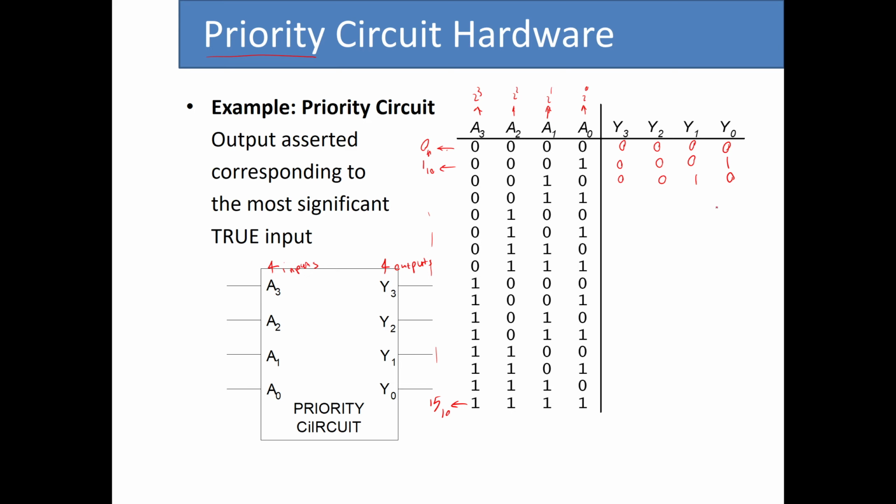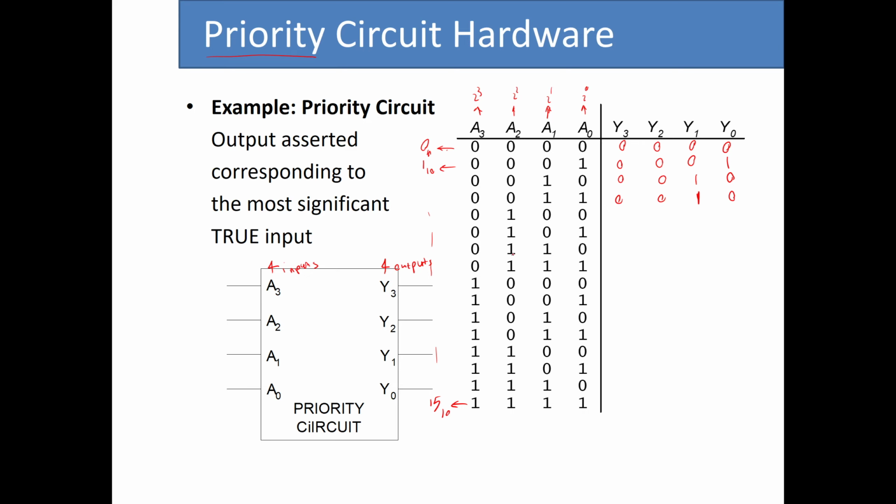Is it Y1 or Y0 or both? The answer lies in the functionality that we want for the priority circuit. Since we want the output associated with the bit with the highest priority to be 1, between the two, Y1 needs to be 1. Why? Because Y0, which is associated with A0, has the lowest priority. So Y1 is 1 and Y0 is going to be 0.